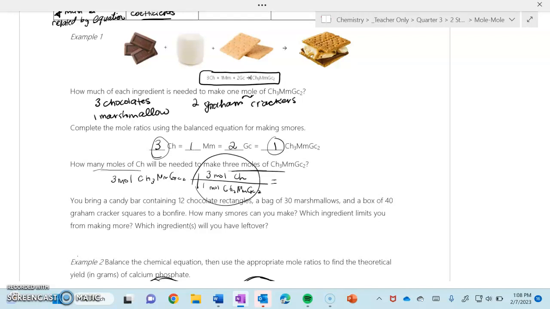It's sort of like doing proportions, where we say if 3 is in 1, how many is in 3? So using that idea, this is just another way to set up a proportion. If you've used proportional fractions before in math class, that's kind of the idea, just set up using our train track conversion method. So this would be 9 moles of chocolates using that mole ratio.